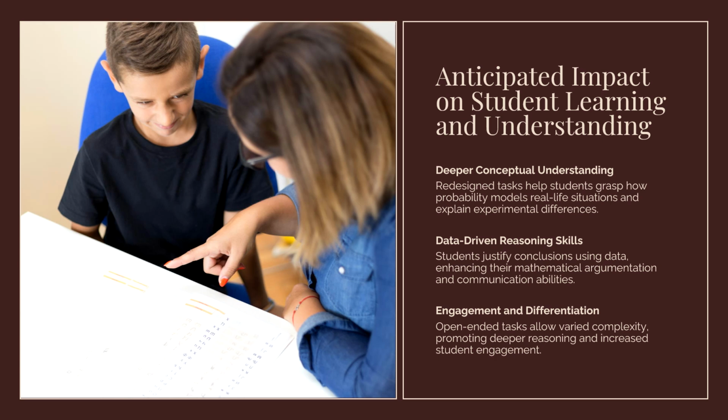Because the task requires students to justify their thinking using data, it also supports stronger reasoning, and of course, it improves their communication skills, which is vital. In my future teaching, starting Monday, I will continue to redesign procedural tasks into more meaningful, open-ended problems that require students to explain their thinking and apply mathematics in real-world contexts.